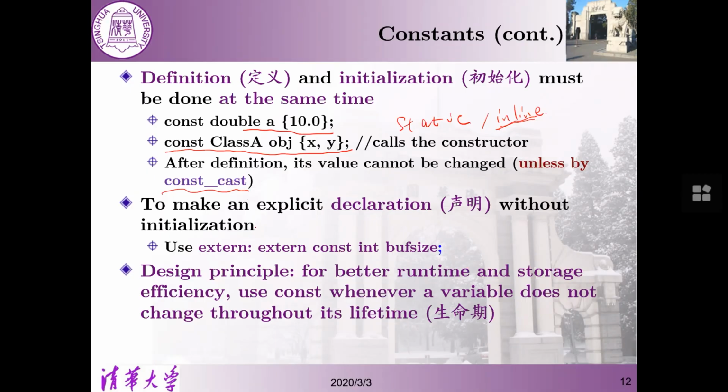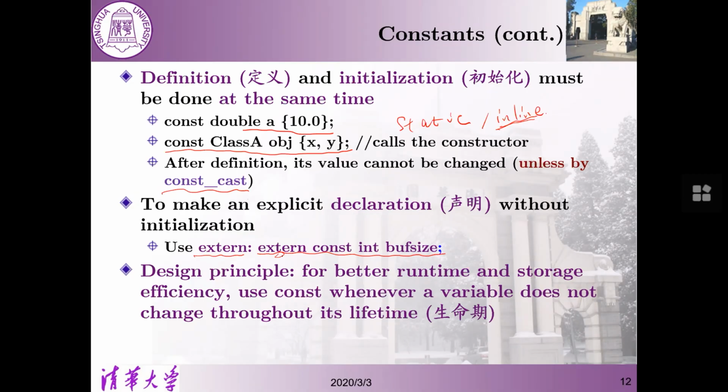Okay, to make an explicit declaration without initialization, if we only want to declare, then we use extern. This is another keyword. We use extern to declare something. We also learned extern before, right? We can declare functions and variables, but for functions, this keyword can be omitted.